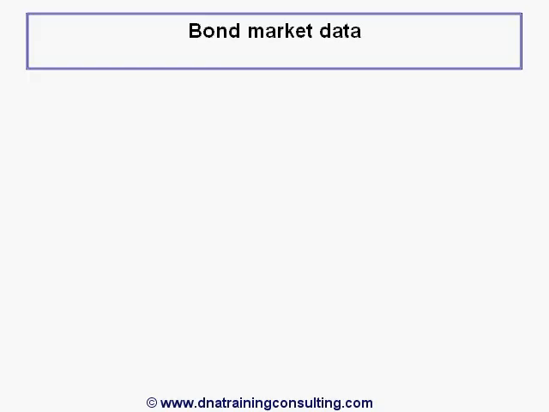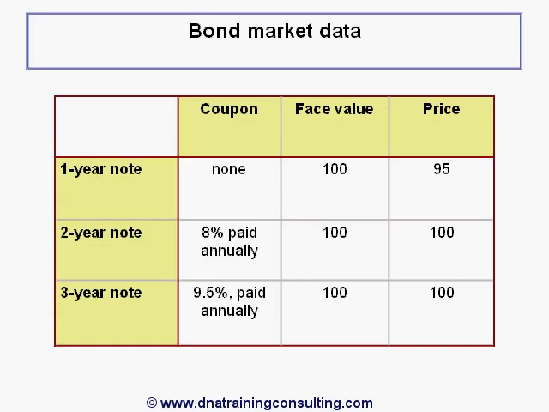We begin by considering a bond market that has only 3 securities outstanding: a 1-year, 2-year, and 3-year note with the characteristics you see here.